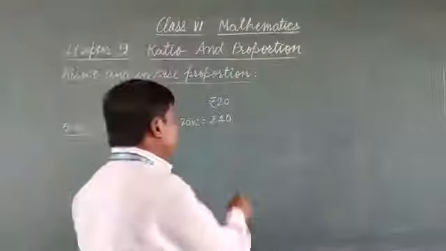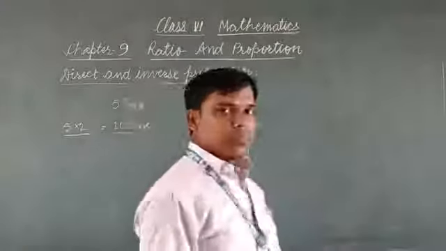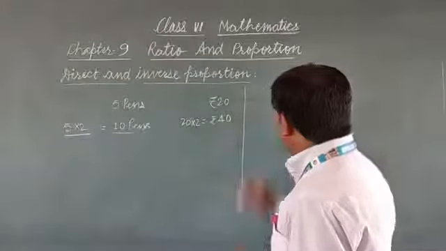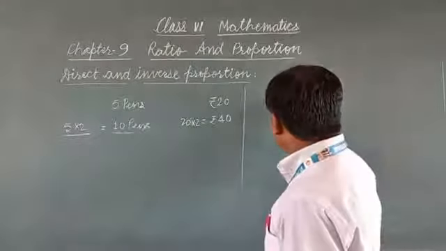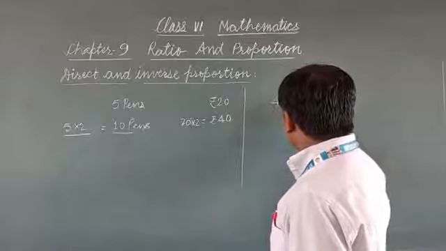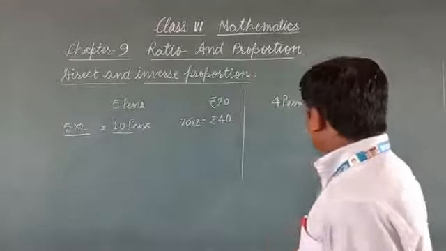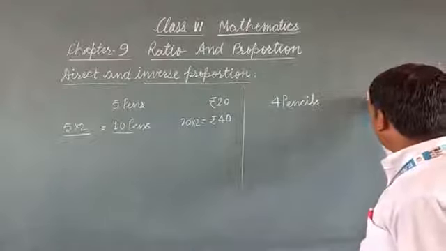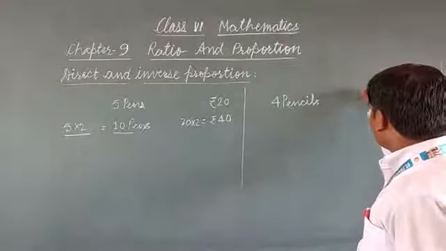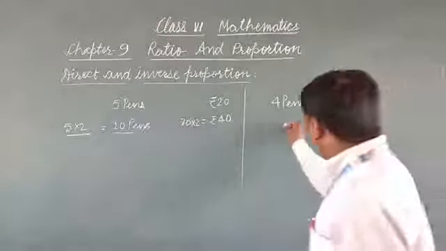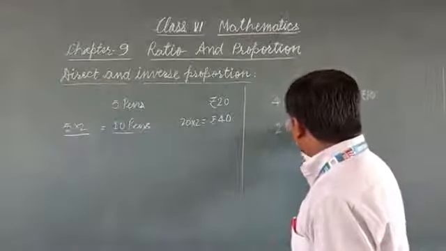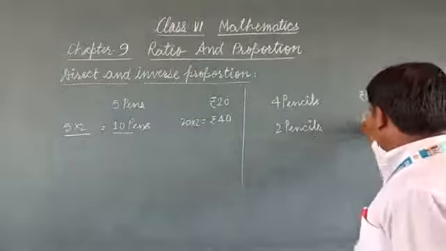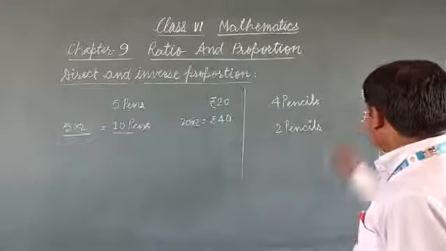Another example, of decrease. Suppose we are having 4 pencils and the cost of 4 pencils is 10 rupees. Then we have 2 pencils, and the cost of 2 pencils when we calculate will come to 5 rupees.